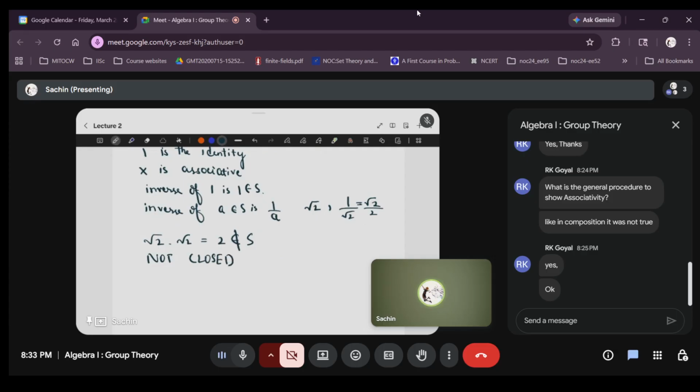So a lot of the times when we are doing examples and we are looking at different things, we won't really go and check the closure property because most of the times it will be closed. But you have to make sure that closure is actually held by the operation.